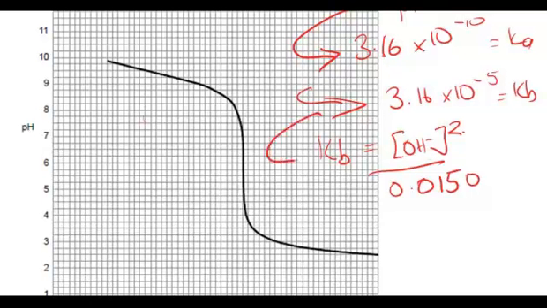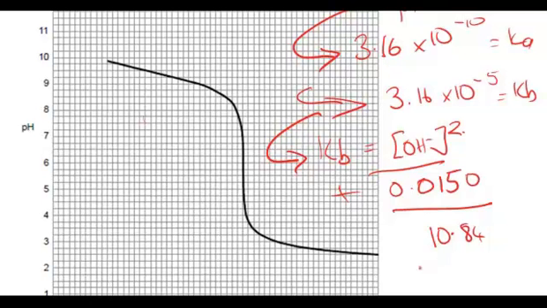This number here is Kb, and that's a concentration, so we multiply those two together and take the square root, which gives a hydroxide ion concentration, and that should end up with a pH of 10.84.